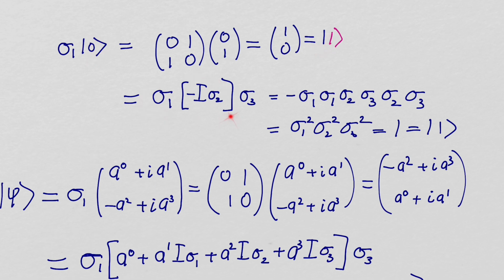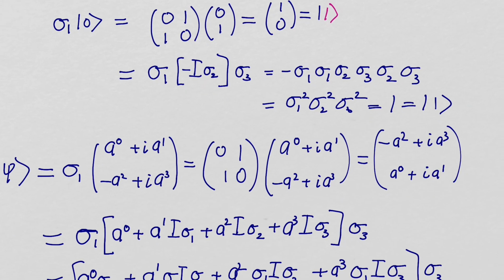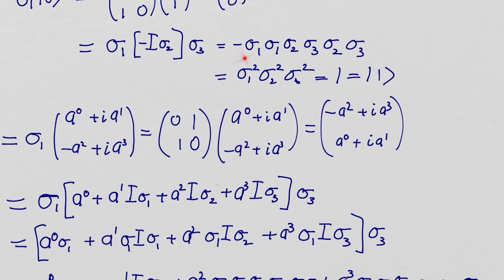Now I have a little more of a trick because the down state is minus i sigma 2 in the geometric algebra prescription. So I multiply on the right and the left as per the formula for how to operate with a Pauli vector. And now I blow this whole thing up.